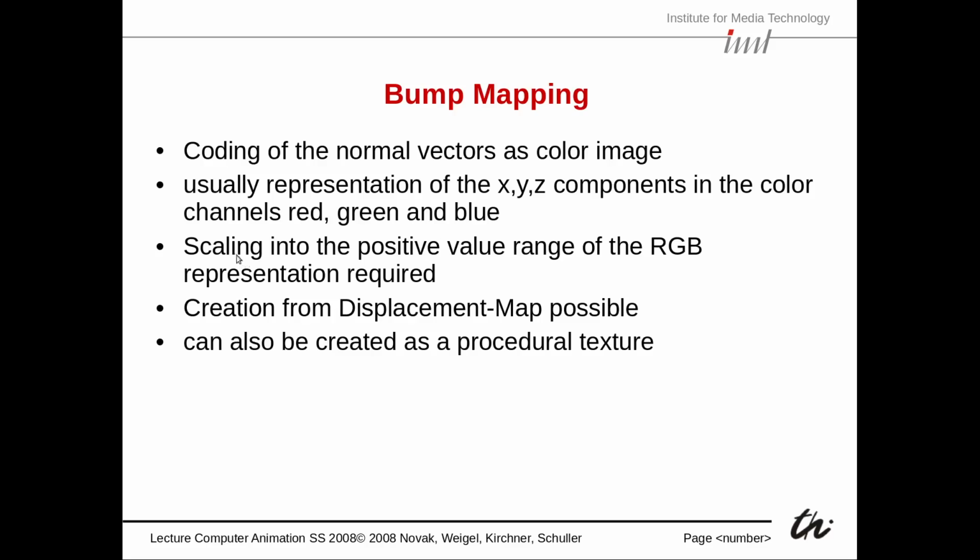And for this we need a scaling into the positive value range of the RGB representation. So X, Y, Z can be positive and negative, but RGB is always positive, hence this mapping. And in this way we can create a displacement map, and we can also use it to create a procedural texture.